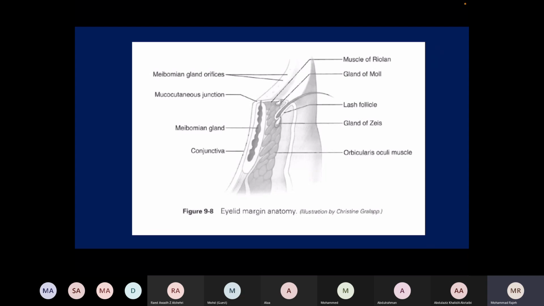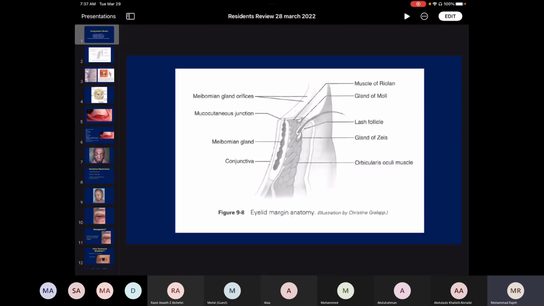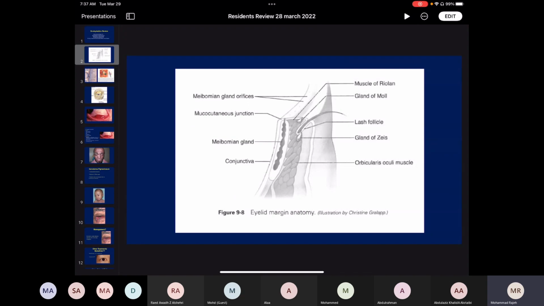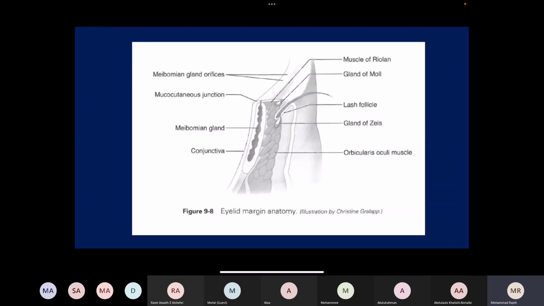No, not tarsus. Middle lamella. So orbital septum, retractors, and fat. What about the posterior lamella? Okay.